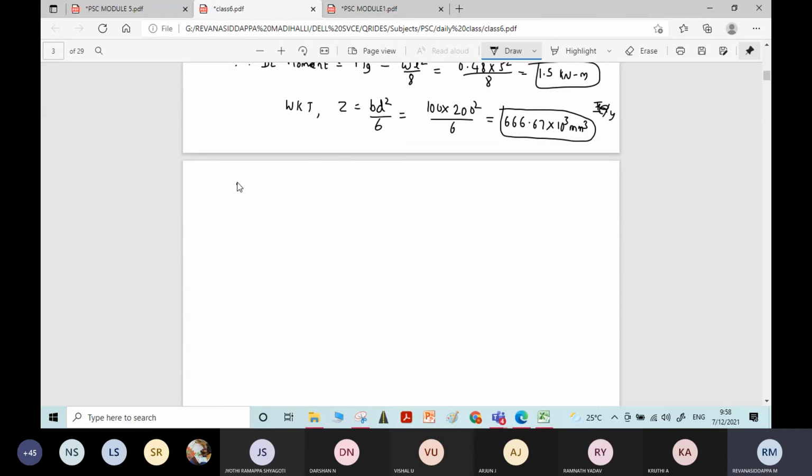Therefore, stress due to self-weight of beam is equal to MG by Z, which is 1.5 into 10 power 6 Newton millimeter divided by 666.67 into 10 power 3. And this is plus or minus.